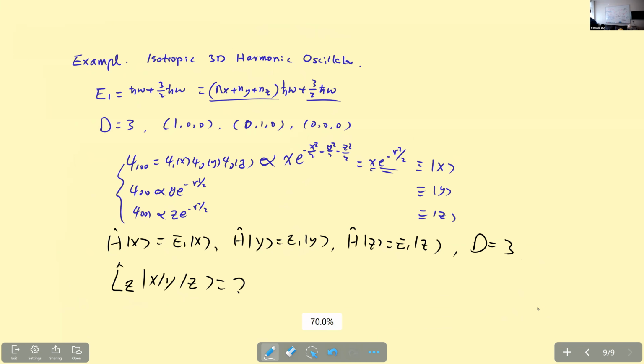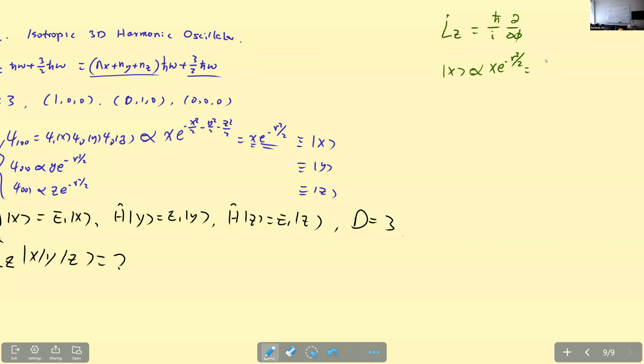That's proportional to x e to the minus r squared over 2, which equals sin theta cosine phi, r e to the minus r squared over 2.